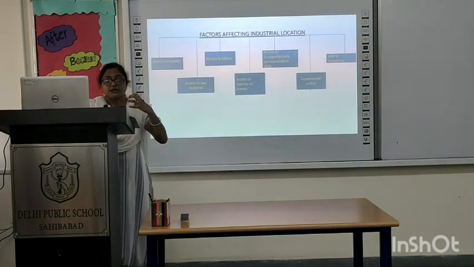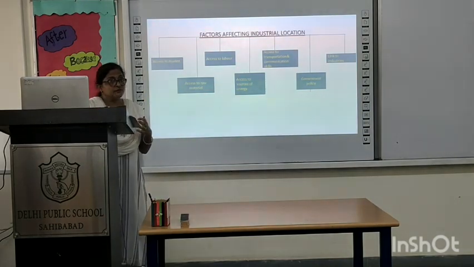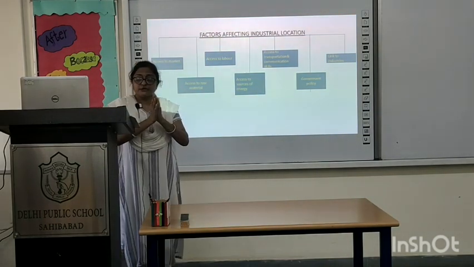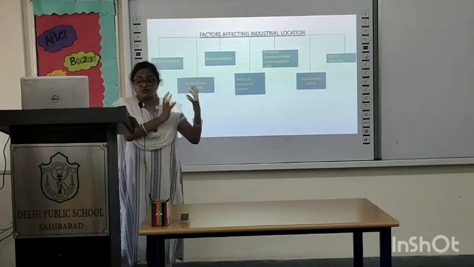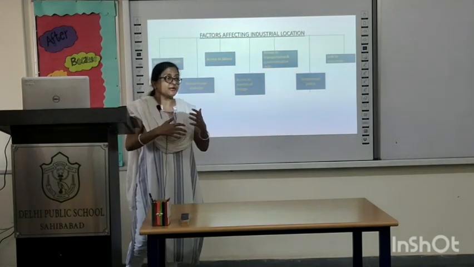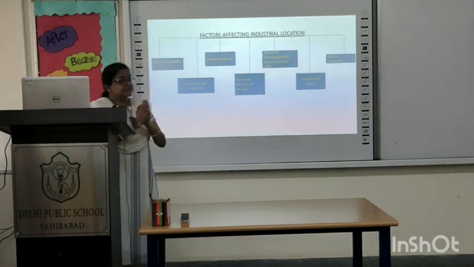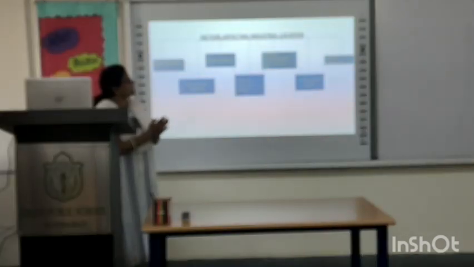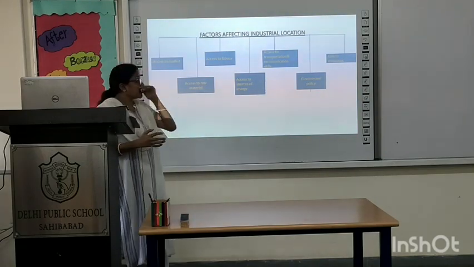Now, industries maximize profits by reducing cost. Therefore, industries should be established at those points where the production cost can be minimized. For this, some factors which affect industrial location are very important.